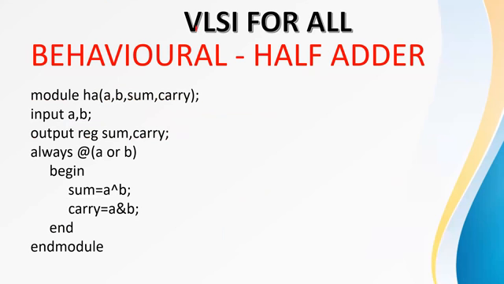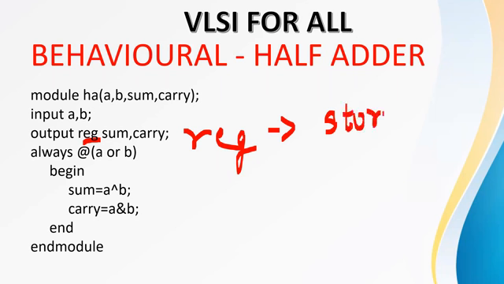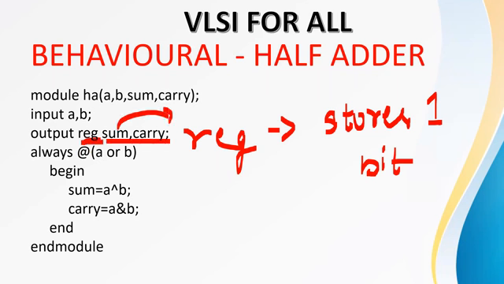But coming to reg, reg is something like a register. What does a register do? Stores data, right? It stores 1 bit of data. So we are using reg for sum and carry because we need to store the result in the sum and also in the carry.